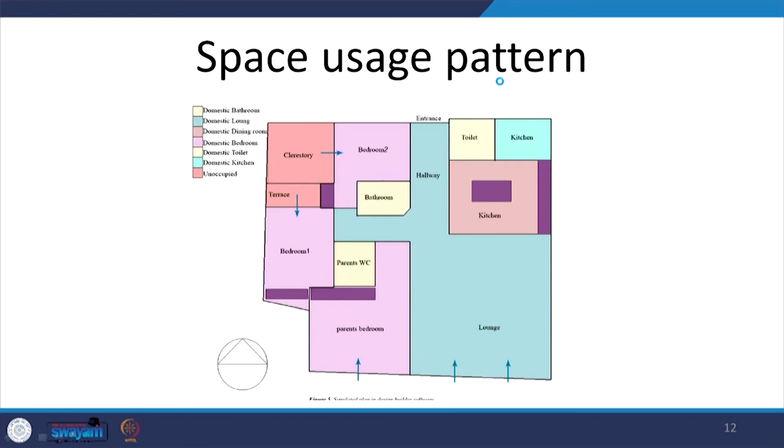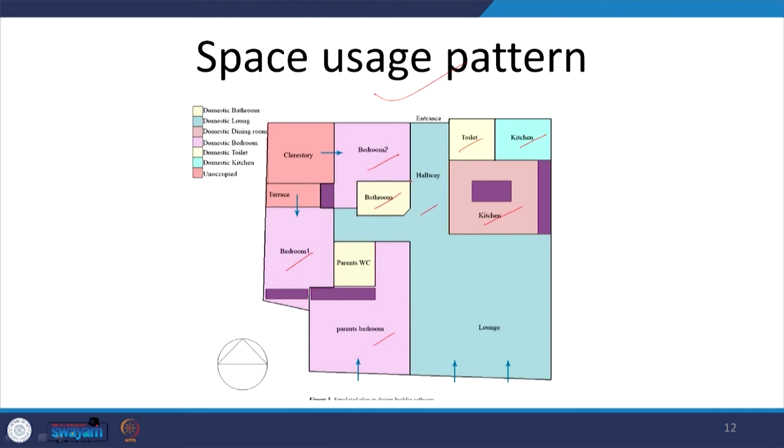The next, which is also very important and is often incorporated as part of the building geometry, is the space usage pattern. Suppose this is a plan for a residence where different types of spaces are given, different types of space usage.